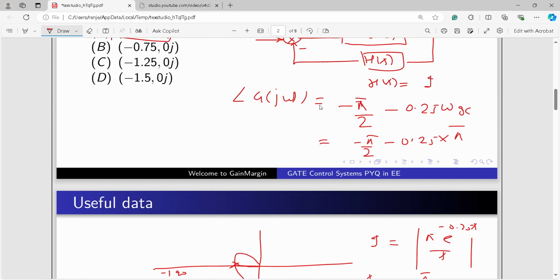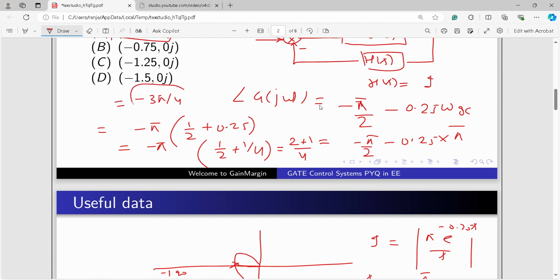So what value do we get actually? Four, and this will be 2 plus 1, so minus 3 pi by 4.